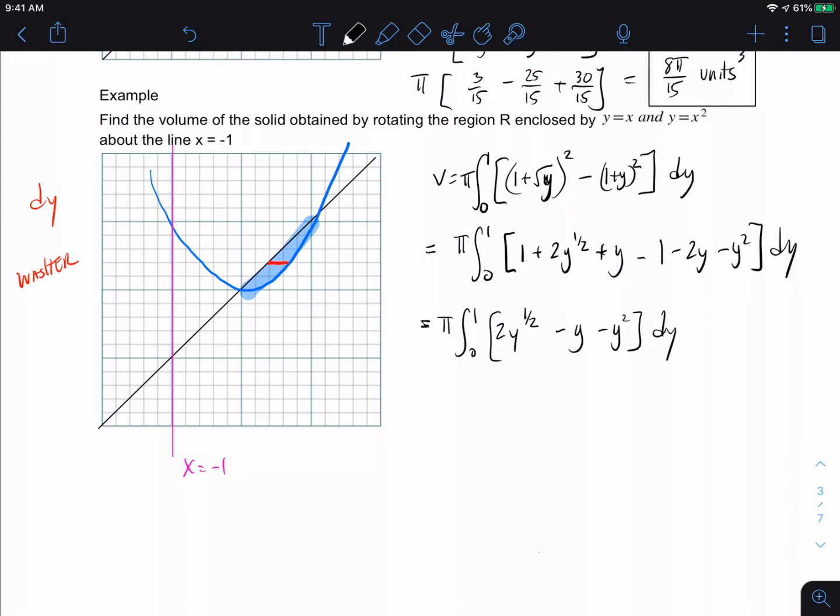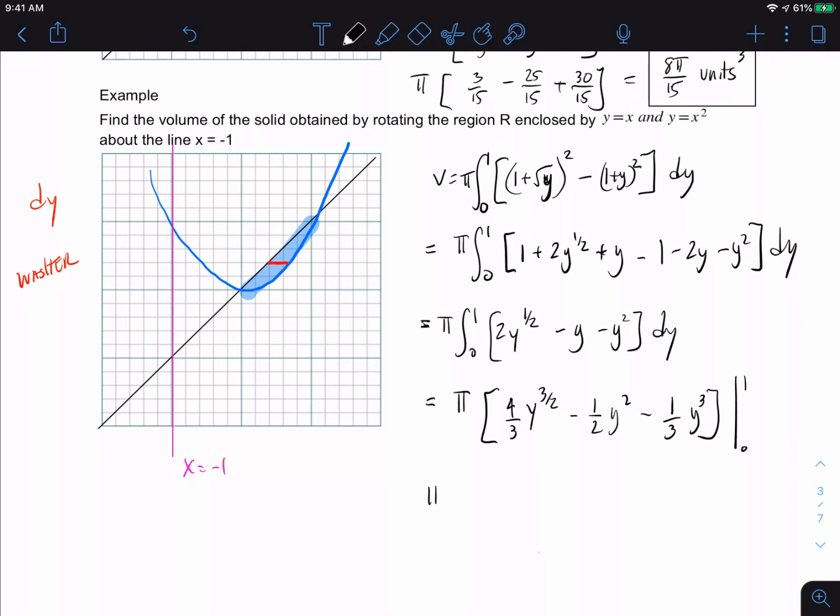So then when I do the integration piece here, I'm going to get pi times y to the 3/2, so that's going to become a 4/3, minus 1/2 y squared minus 1/3 y cubed, evaluated from 0 to 1.